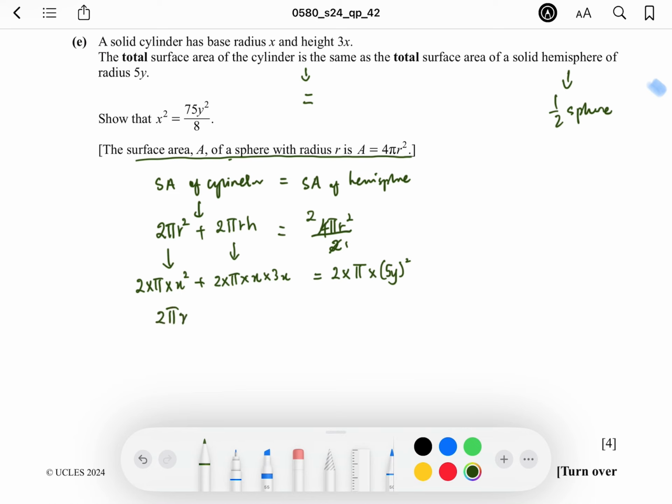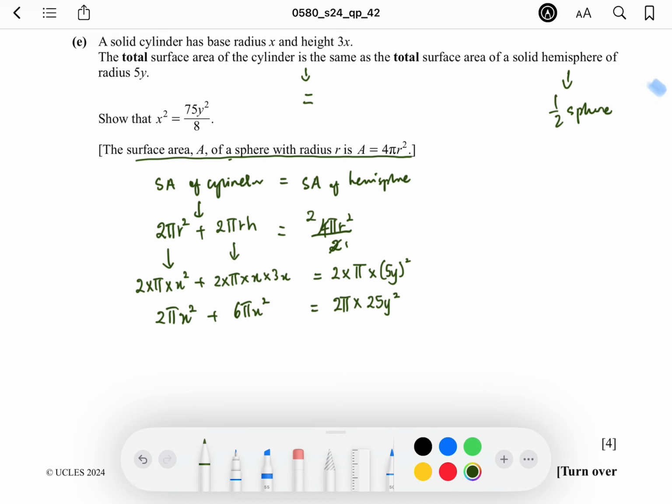Ada harapan? Okay. Kita ni simplify. 2 pi x square kali saja plus 6 pi x square equals to 2 pi times 5y square, 25y square. Cakap seorang diri, I love this. Okay, 2 pi x square plus 6 pi x square boleh disimplify? Yup. Right? X square.